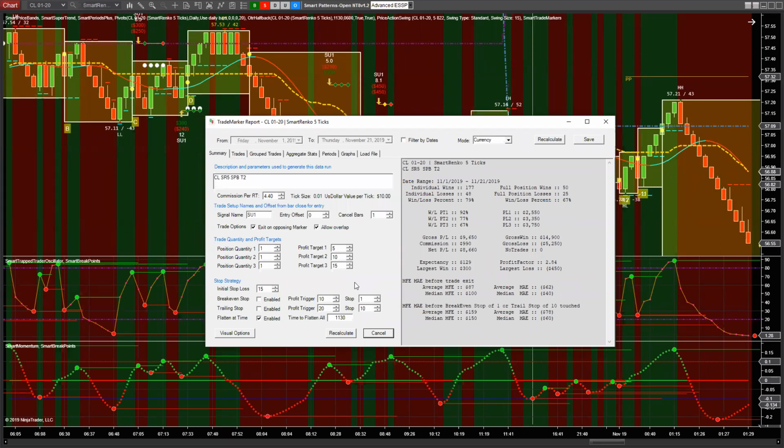So, break-even stop: when you reach a point of 10 ticks of profit, it will place your stop, in this case, at your entry +1. So this is the trigger level, and then it moves to entry +1. Same thing as a 10, where I go 12 ticks, and then it's entry +1 also.